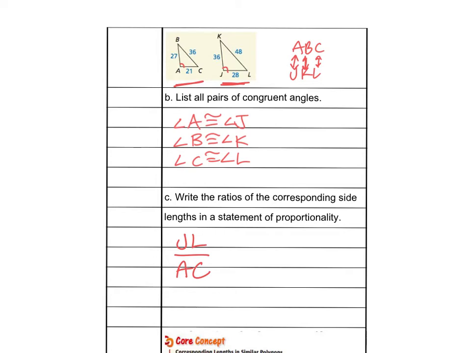That ratio is equal to, I'll go ahead and change colors, JK and AB. I want to make sure if I put the JKL on the top, I do that for all of the ratios. So JK over AB is also going to be equal to the last pair of corresponding sides, which we're going to name KL and BC. Those are the corresponding side lengths whose ratios are equal.